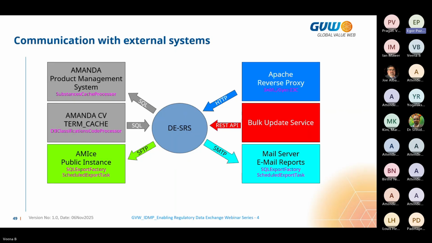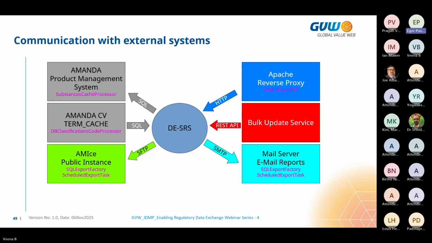And the last module here is the bulk update service. It's a Python service which uses the GSRS REST API and can update multiple records or multiple substances in one go. We can define some sort of job which is limited to some substance scope.